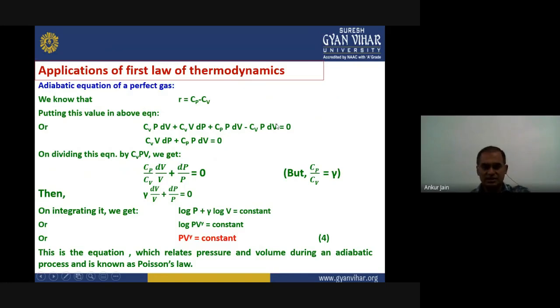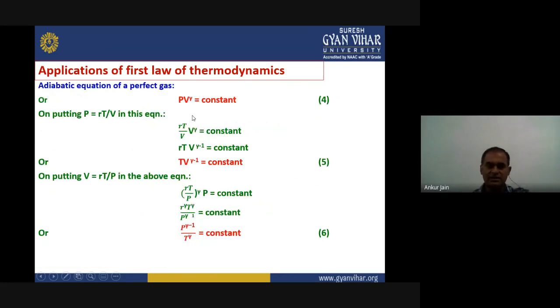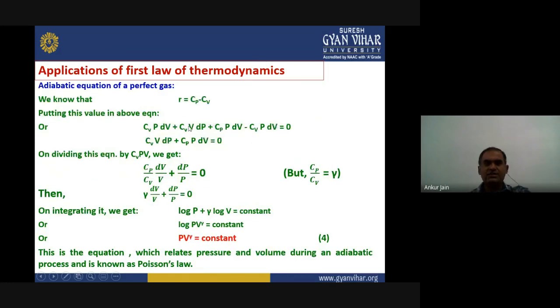Now if you consider this term and this term, they are equal in quantity but with a negative sign. This is positive and this is negative, so these will be cancelled out. The remaining terms will become Cv into VdP plus Cp into PdV equals 0. Now, if we divide the whole equation by this term Cv into PV, what will we get?